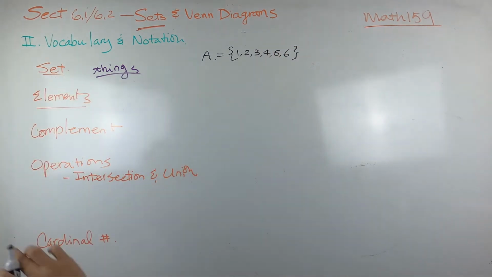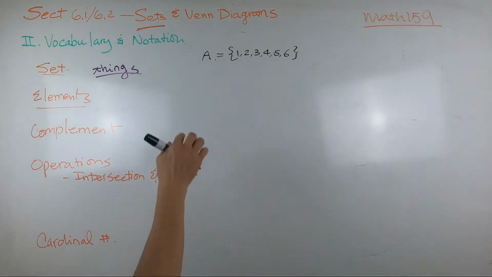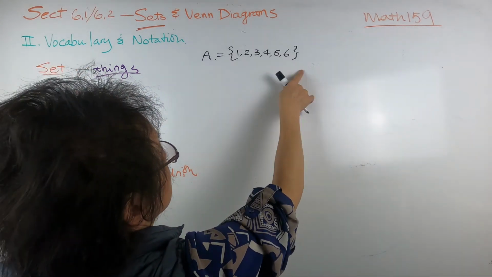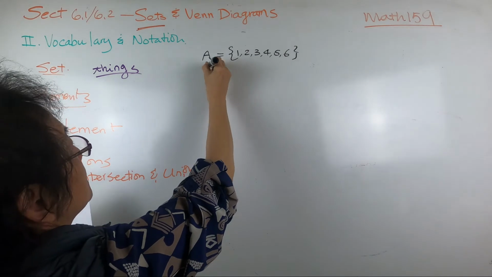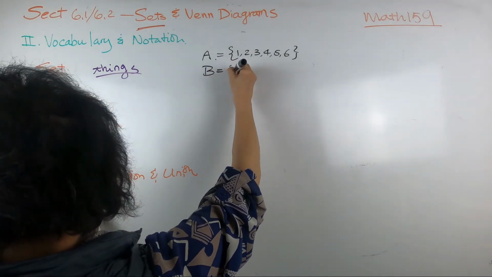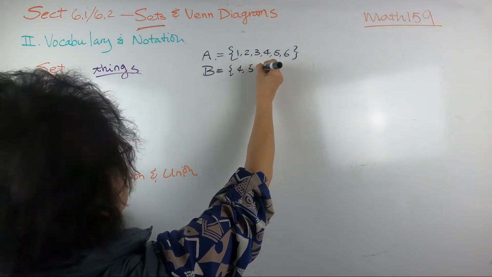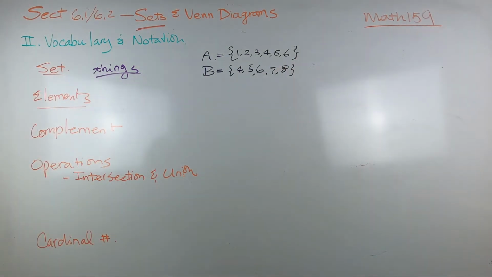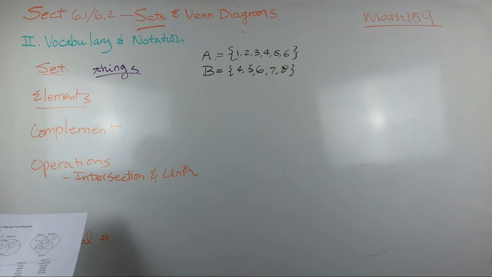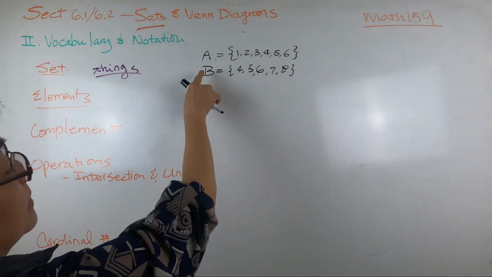A set A is a bunch of things. The things are what? 1 to 6. Then my set B will be 4, 5, 6, 7, 8. We can do that. So A and B are sets.